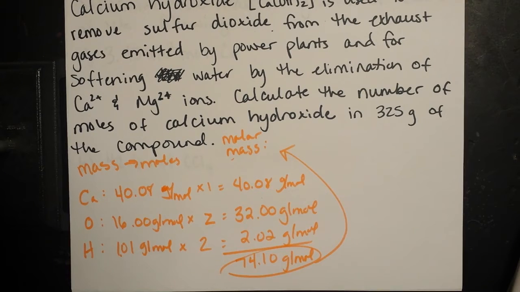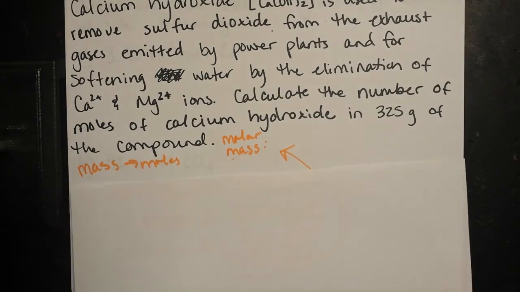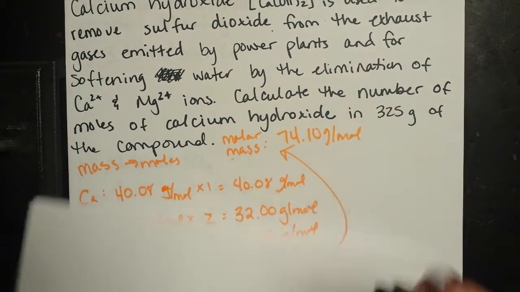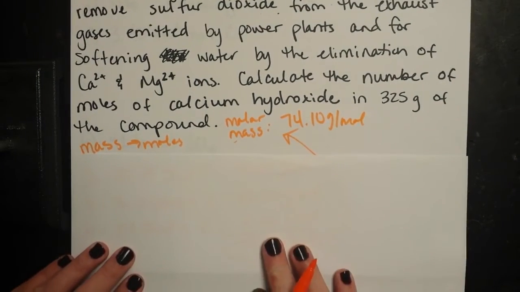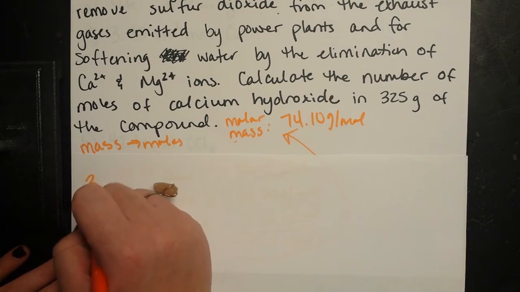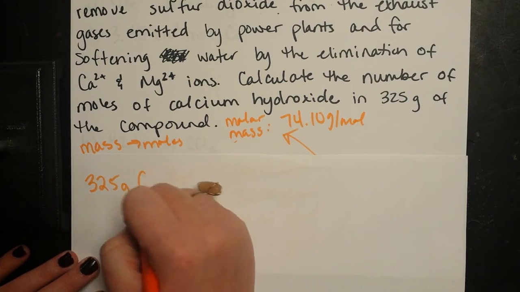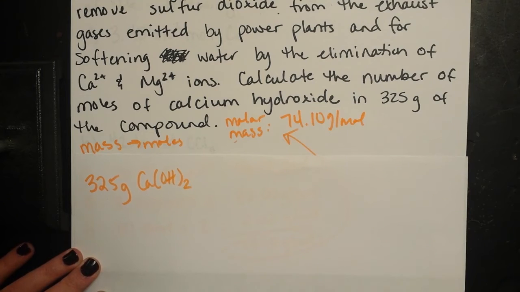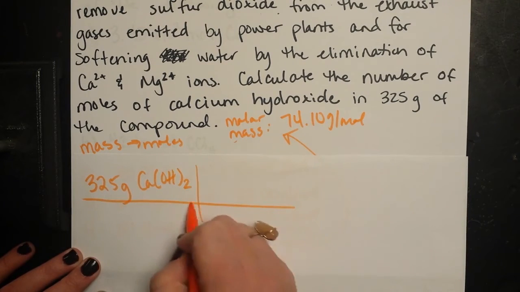Alright, since we're going from mass to moles, I can use the molar mass as a conversion factor. I'm going to start with 325 grams of calcium hydroxide, and I want to get into moles of calcium hydroxide.